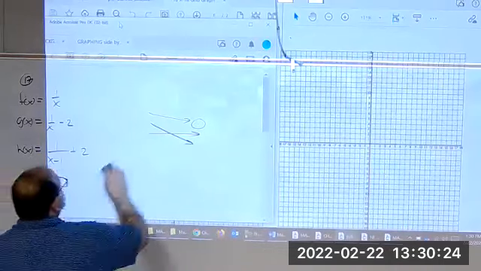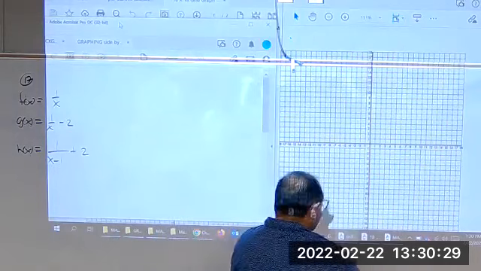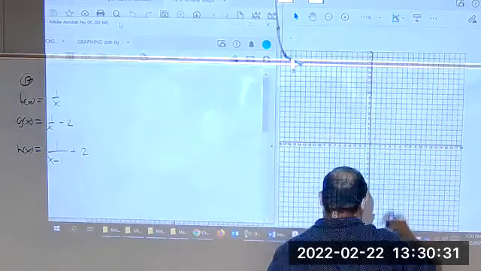So the parent function 1 over x. 1 over x has a vertical asymptote. You can't plug in 0.